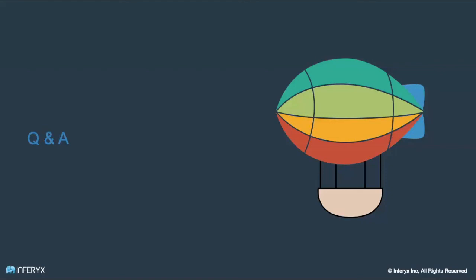I'll take one other question. There is one question from the audience regarding the number of nodes and edges. What are the limits on it? I would say we have not personally experienced any hard limit on the number of nodes and edges. It totally depends upon your hardware and software capabilities. But we have worked with graphs with more than 100,000 nodes and millions of edges.